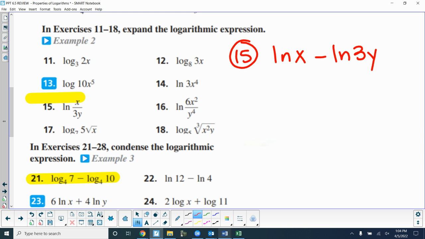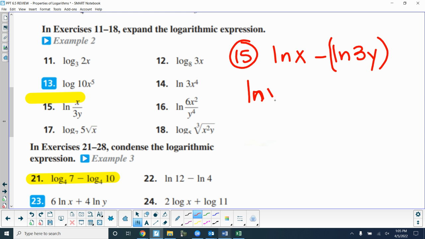But since there's two things there, I have to split that up. So how do I split up the 3y? Multiplication becomes addition, right?